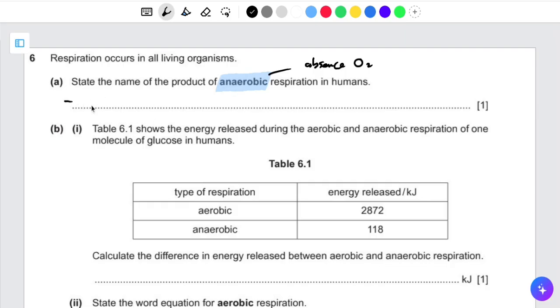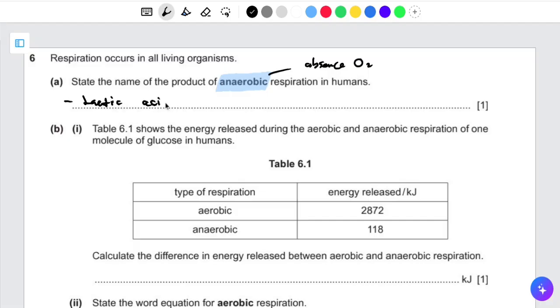This usually happens when, for example, you are climbing the stairs at a fast rate. When there is depletion of oxygen, you are going to feel pain in your joints, especially the knee joint. This is because there is production of lactic acid there. Okay, so lactic acid.